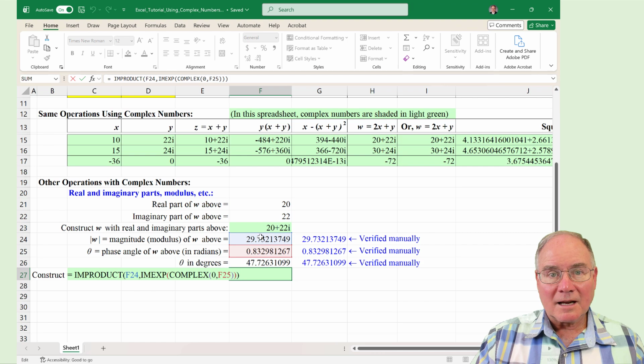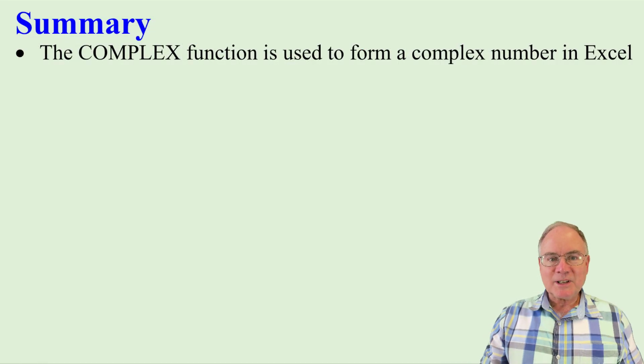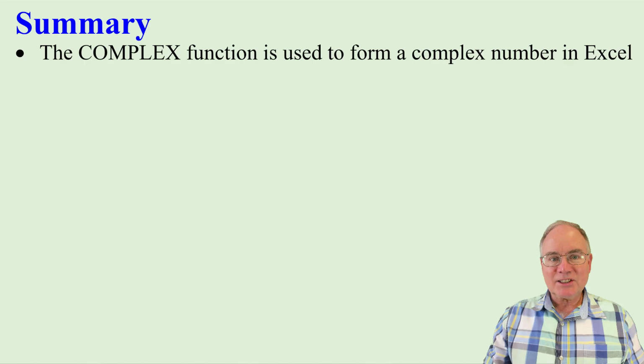IMPRODUCT of the modulus, this cell, comma, IMEXP, which is expecting a complex number. So I formed it this way, COMPLEX 0, and then our theta. And that gives me w, which agrees with our previous w. In summary, the COMPLEX function is used to form a complex number in Excel.